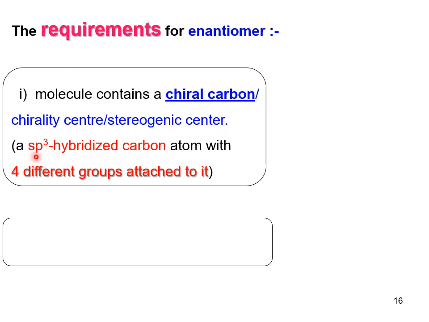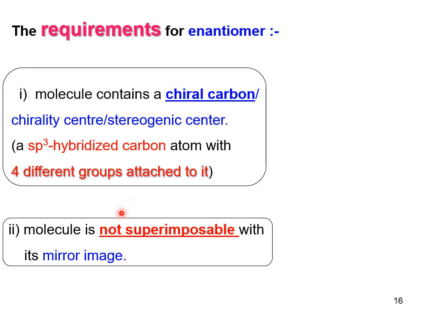It means an sp3 hybridized carbon atom with 4 different atoms or 4 different groups attached to it. So remember, what is an sp3 hybridized carbon? It means the carbon must have 4 single bonds, and the 4 single bonds must attach to 4 different atoms or groups. The second requirement is that the molecule is not superimposable with its mirror image.